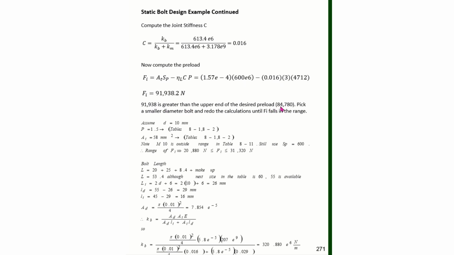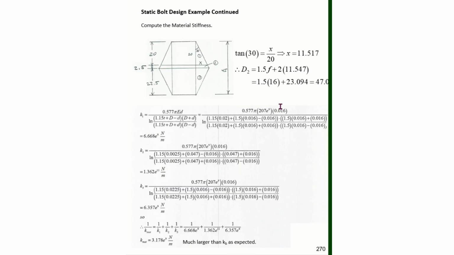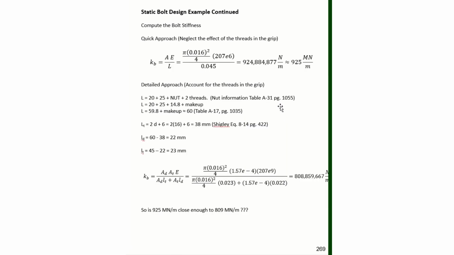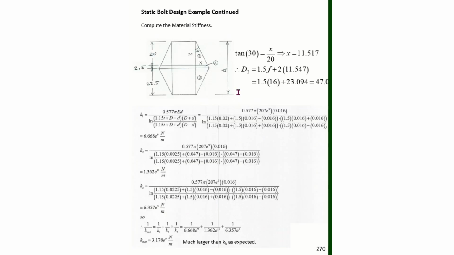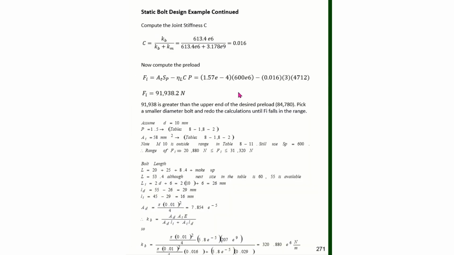Back a couple pages, we computed the desired preload upper bound to be 84,780. And we just computed 91,000 for our preload. And so we have selected too big of a bolt. What we want to do is go back and pick a smaller diameter bolt and redo all the calculations.